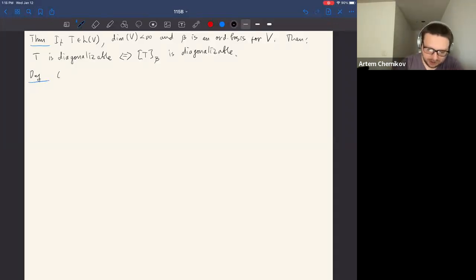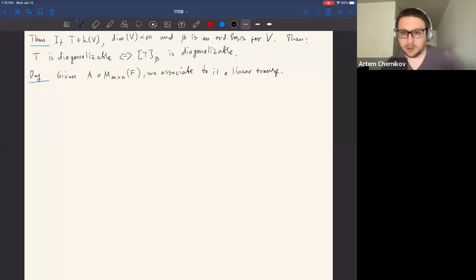Okay. So given a matrix A, let's say an M by N matrix over some field F. Okay. We associate to it a linear transformation which we denote as L subscript A, or LA, right?